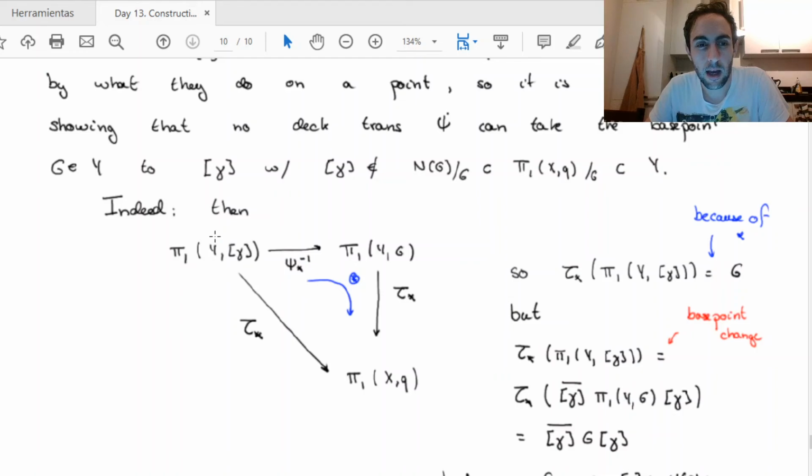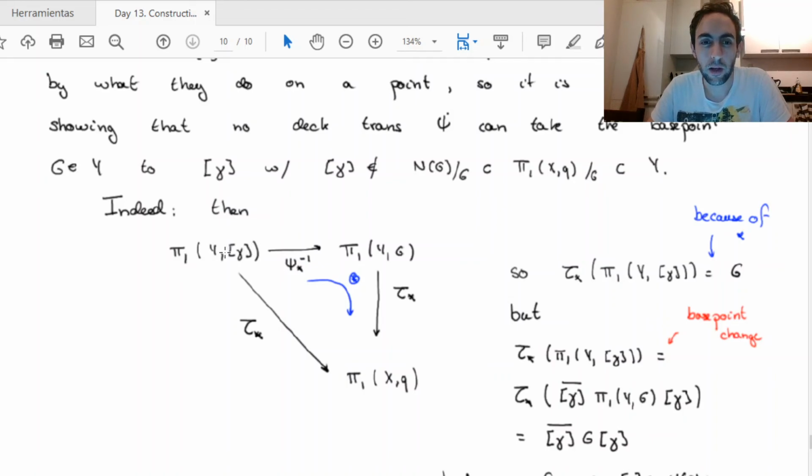So let's say this deck transformation, psi, takes the base point G to the class of gamma for some gamma. What I'm going to show is that gamma is in the normalizer.